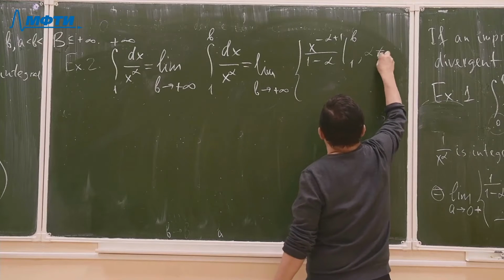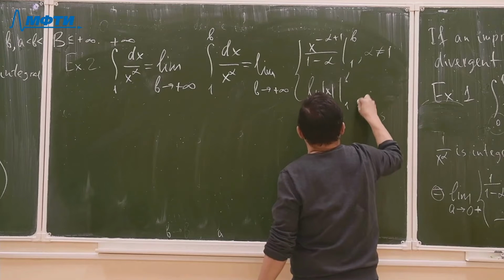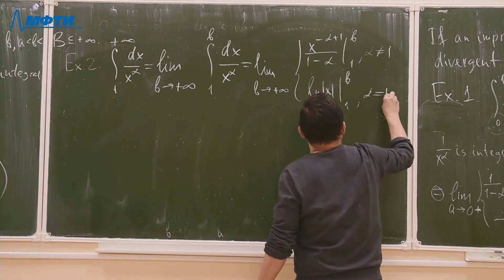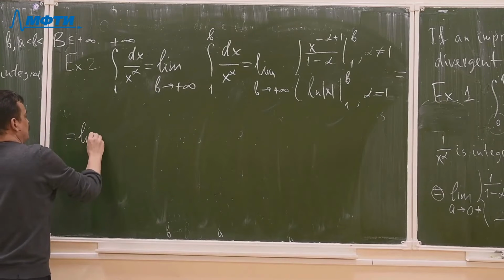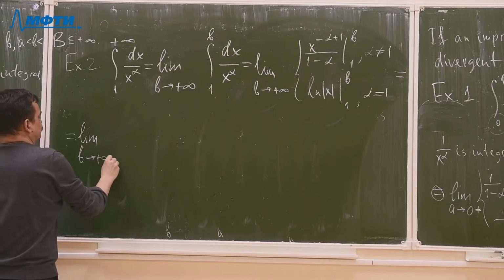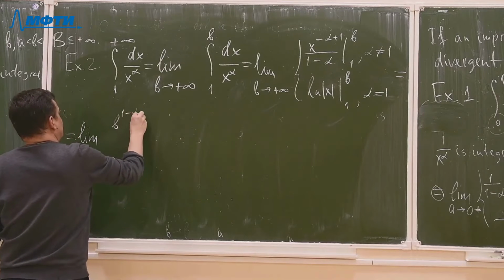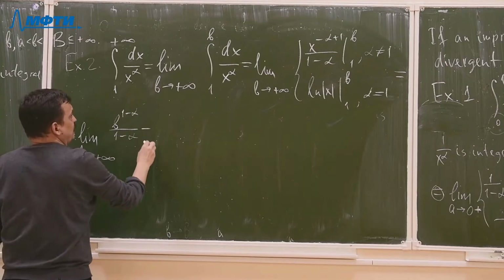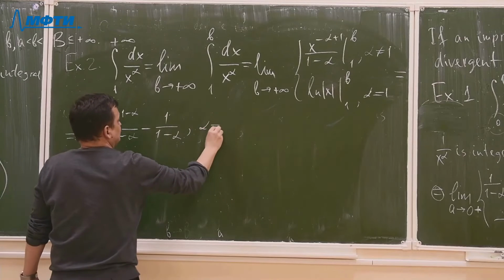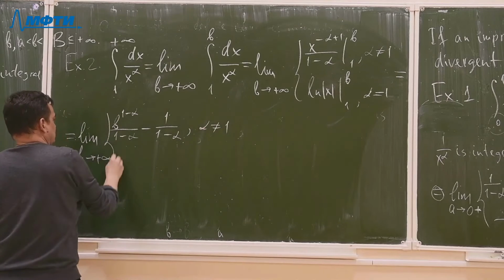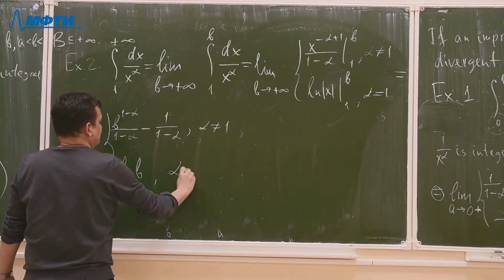For alpha not equal to 1, and logarithm x from 1 to b if alpha equals 1. There is the limit as b tends to plus infinity of b to the power 1 minus alpha over 1 minus alpha minus 1 over 1 minus alpha for alpha not equal to 1, and logarithm b if alpha equals 1.